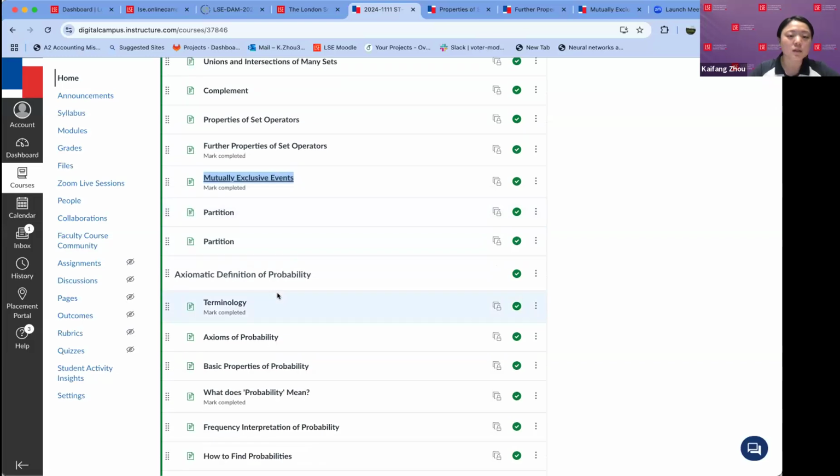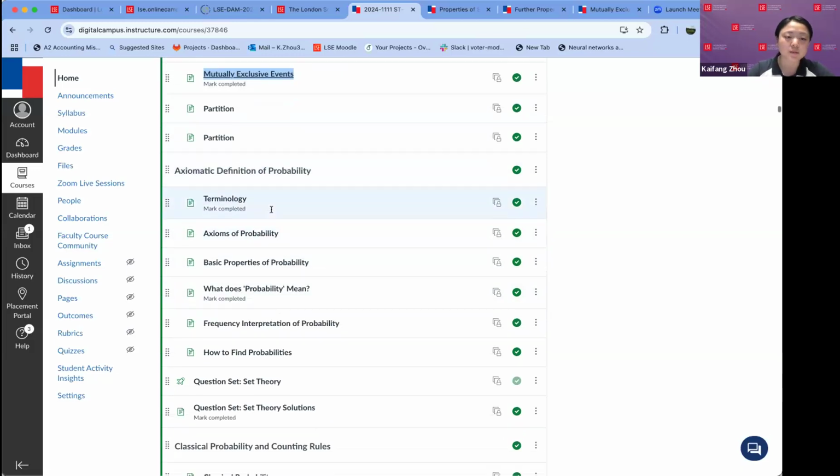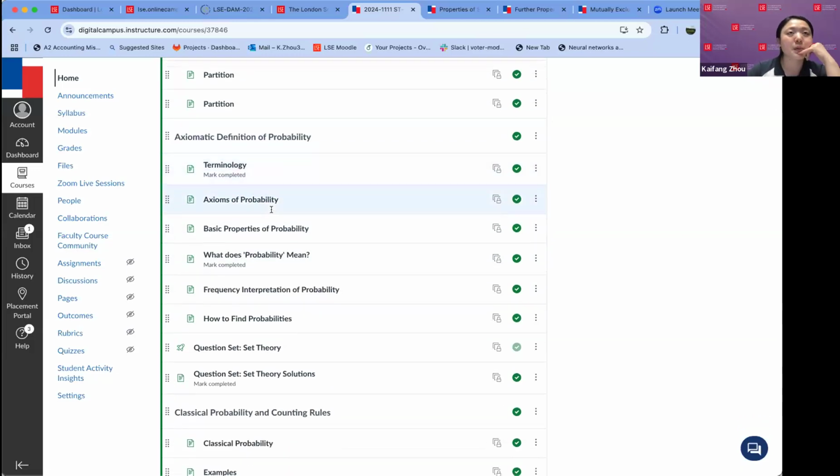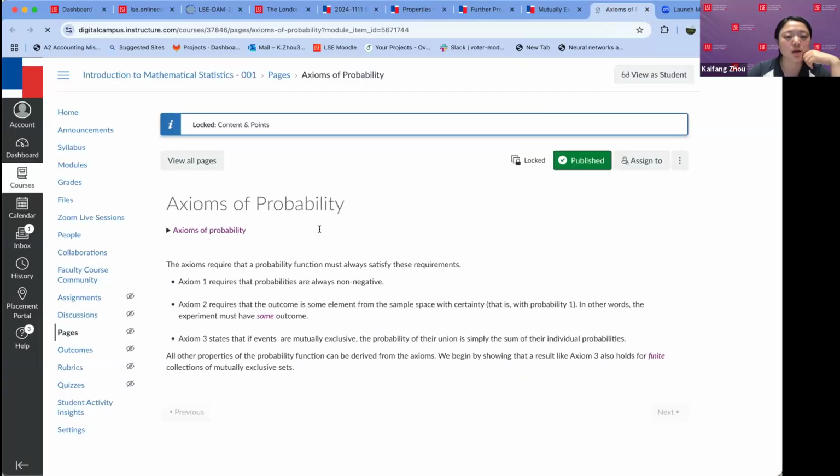Now this comes to a very important one, the axioms of probability. For the past few years, we sometimes asked students to state the definition of the axioms of probability. We have three axioms of probability. I would recommend you memorize these three axioms.